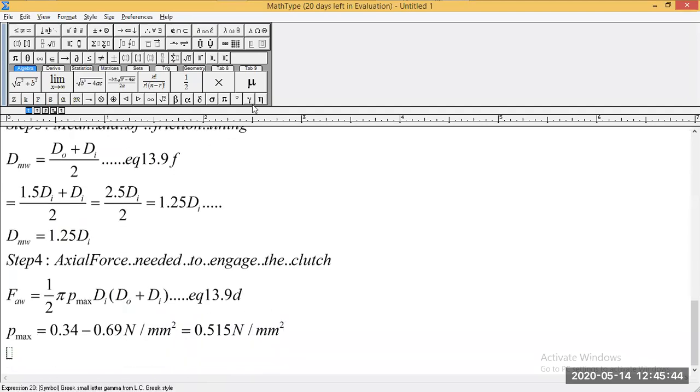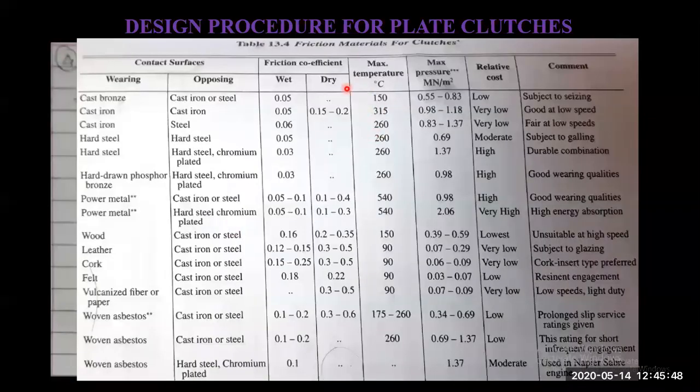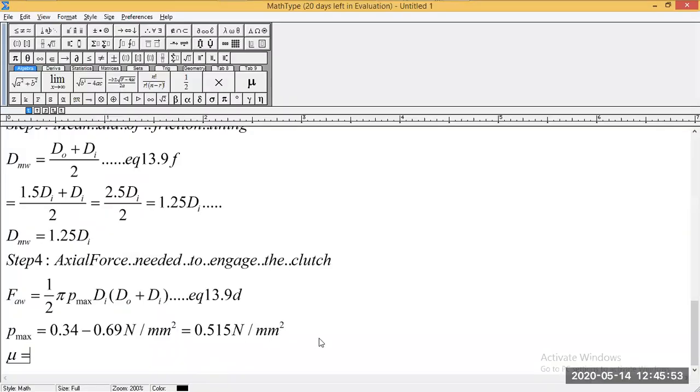One more thing, we can take mu, the coefficient of friction, considering the dry condition, so between 0.3 and 0.6. This we'll write from table 13.4. Again, the value of mu is 0.3 to 0.6. So this averages around 0.45.